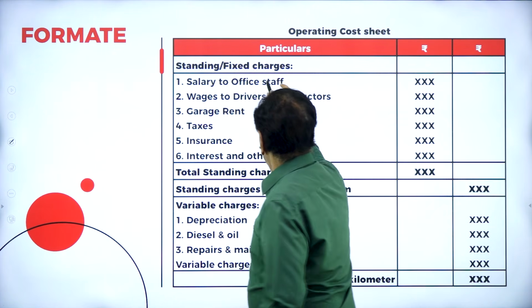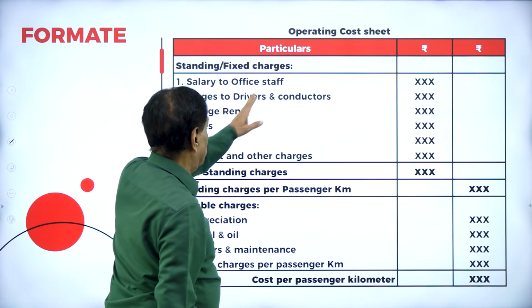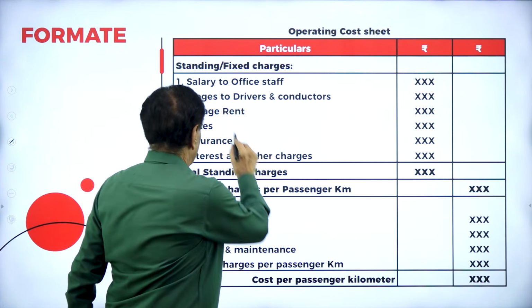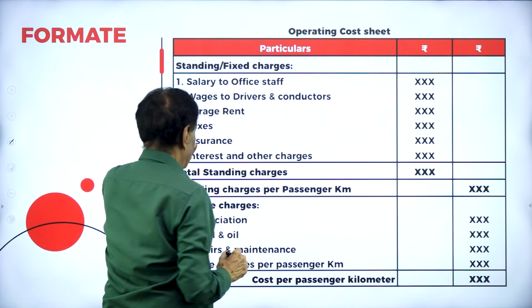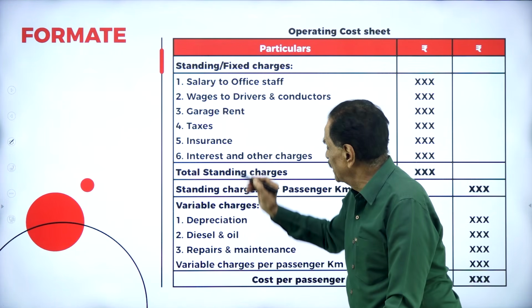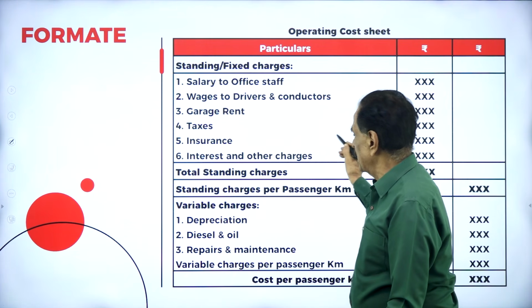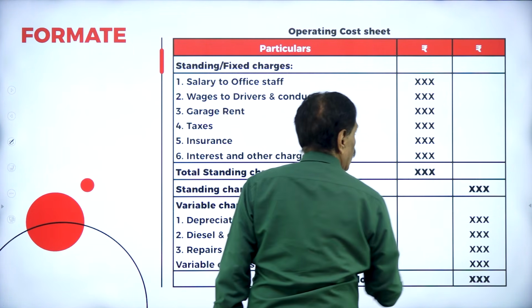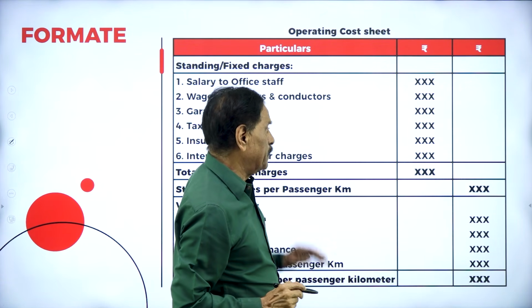Here, standing or fixed charges are salary to staff, wages of drivers and conductors, garage rent, taxes, insurance, interest and other charges. Add this total and divide by passenger kilometer, and we get the cost per passenger kilometer.